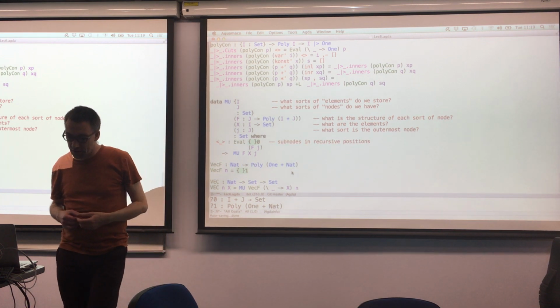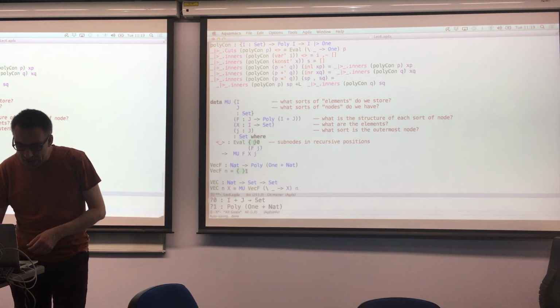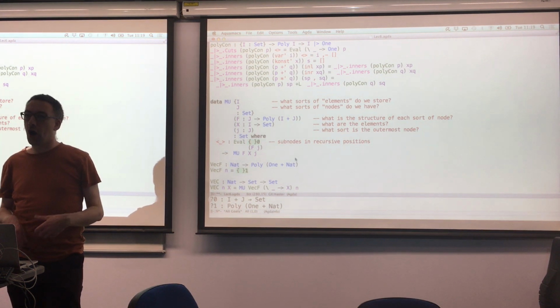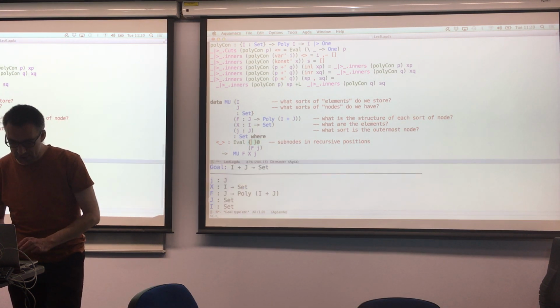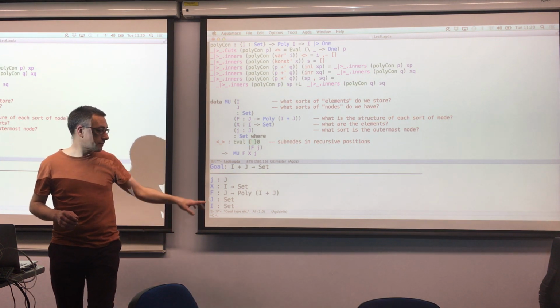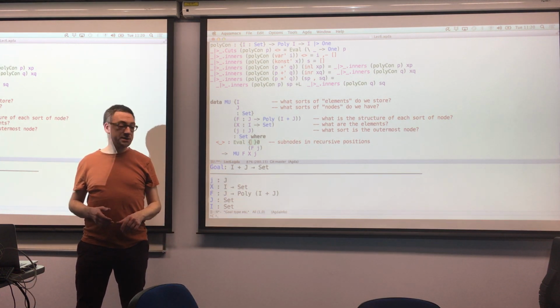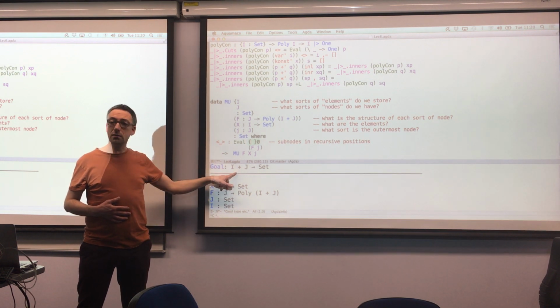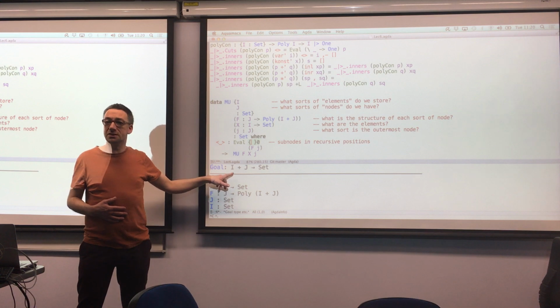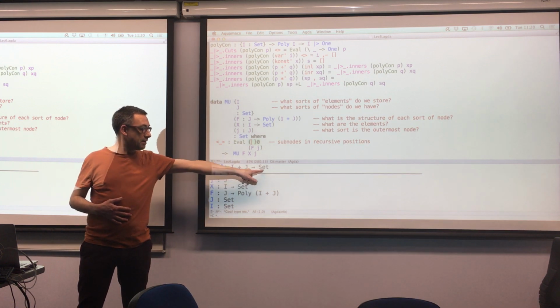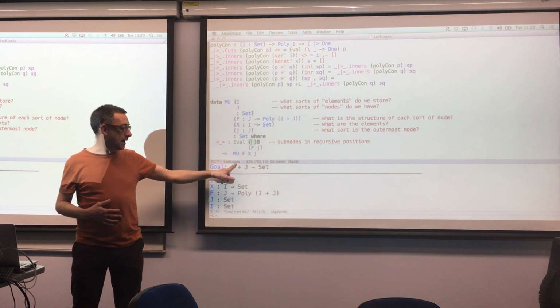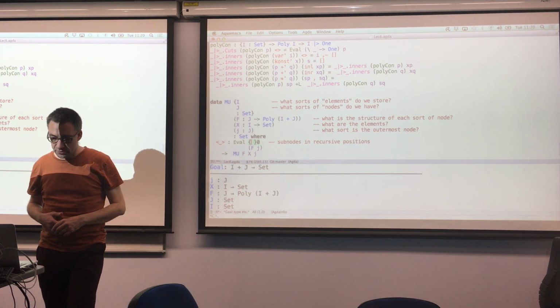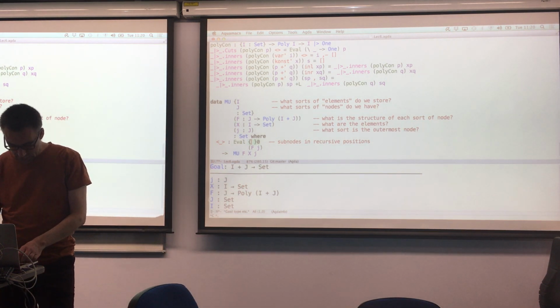Now we have to say how to interpret the variables. So what do we have to do? We have to give a function that says, when you see a variable, the variable tells you what goes here. And we have to say what set is meant by this choice between I and j. So guess what? We'll need to do some pattern matching on that.